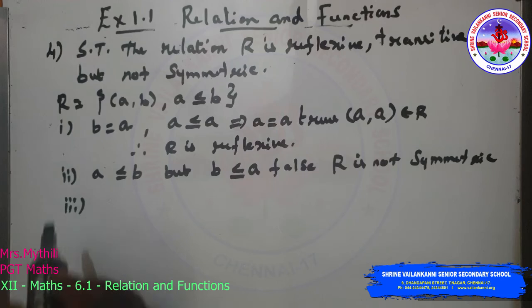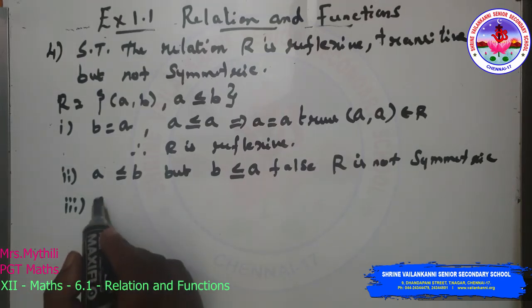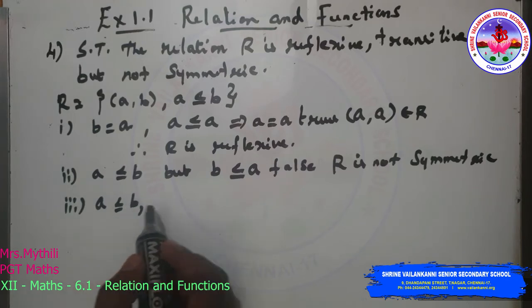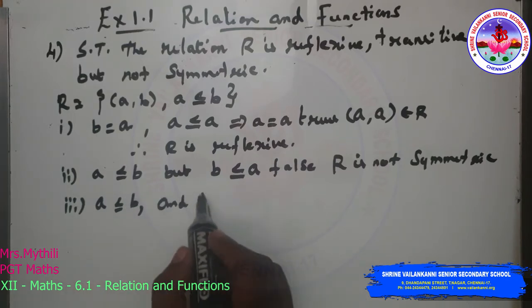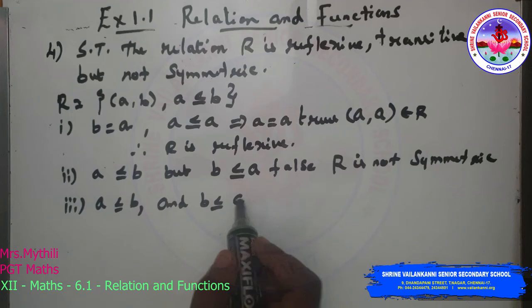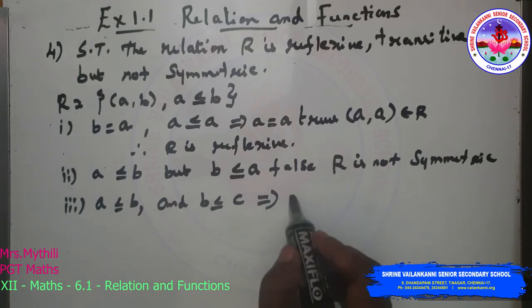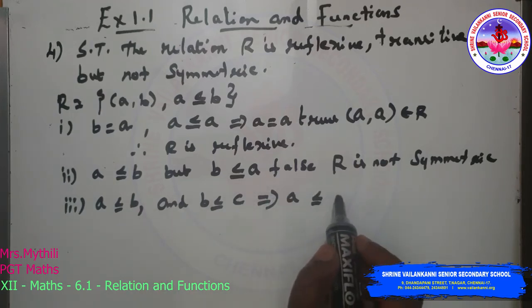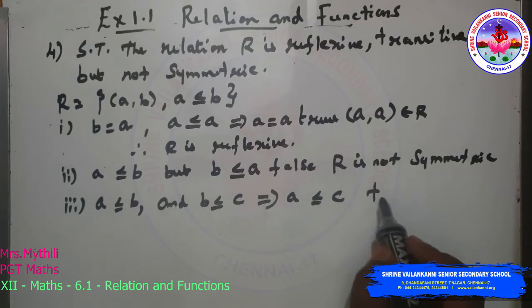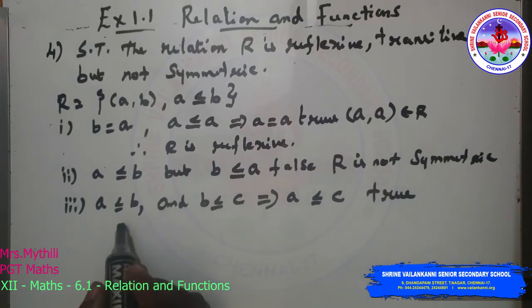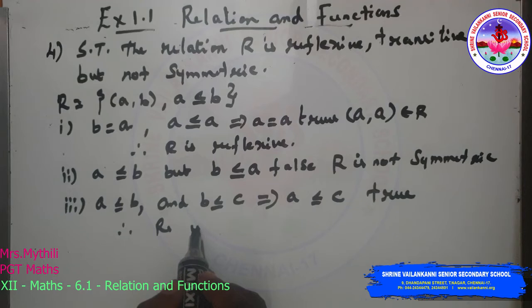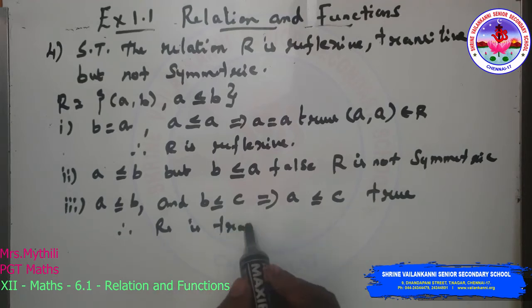Third one, we have to check whether R is transitive. If a is less than or equal to b and b is less than or equal to c, which implies that a is less than or equal to c, which is true. Therefore, R is transitive.